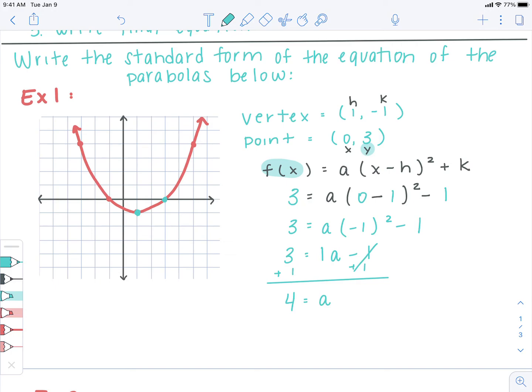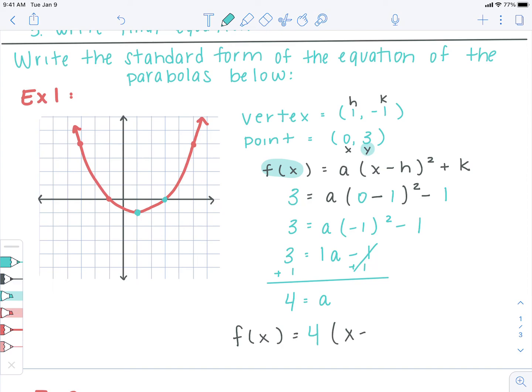So now that I have my a, I can write my final equation. I want my final equation to still say f(x) equals, but now I know a is 4. I still want my x in my final equation, and then I'm just plugging in my vertex.